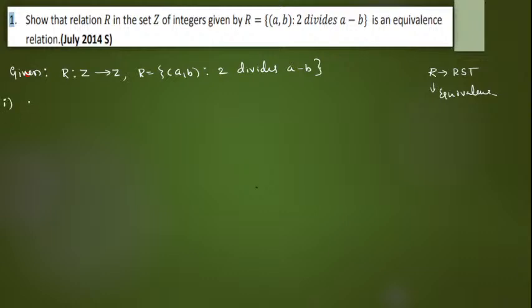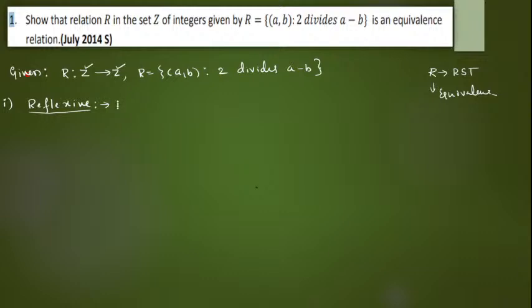So the first condition is to check the reflexive condition. You have to note the point on which set the relation R is defined: the set of integers. So what to do?